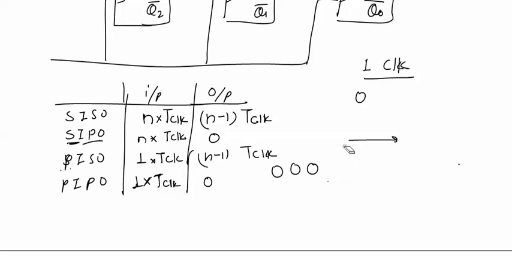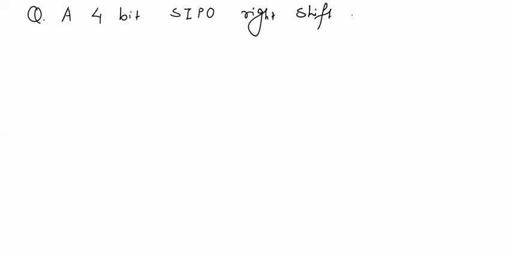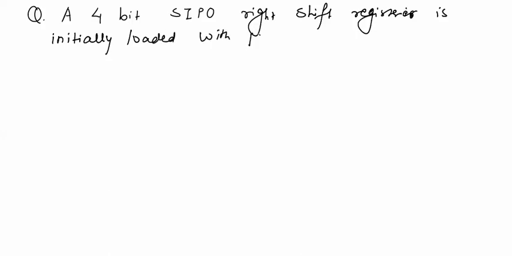Now we'll take one example on shift registers. A 4-bit serial input parallel output right shift register is initially loaded with 1011.